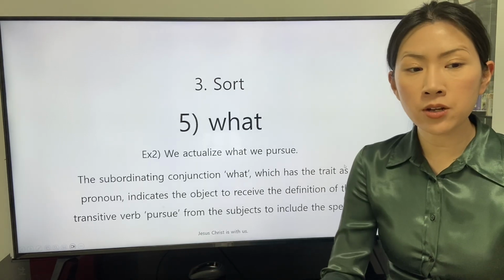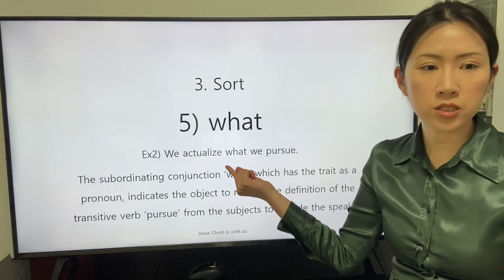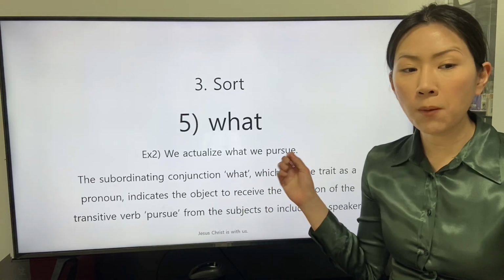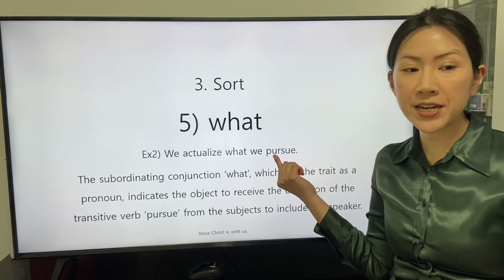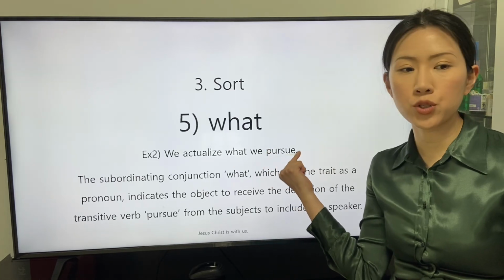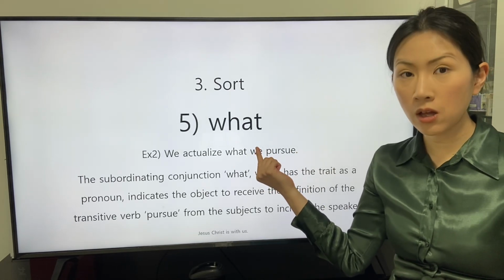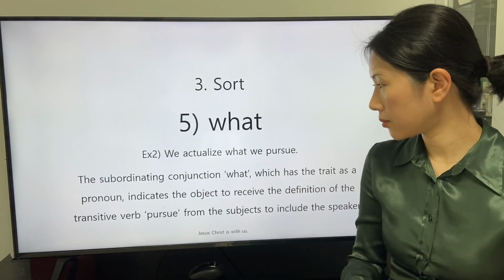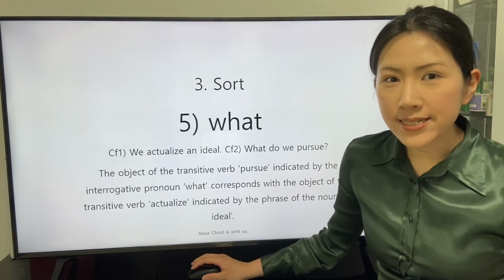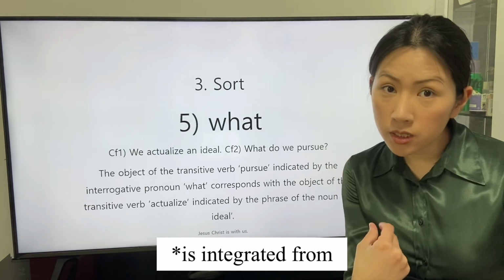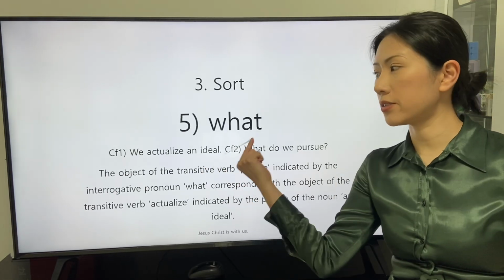The subordinating conjunction what, which has the trait of a pronoun, indicates the object to receive the definition of the transitive verb pursue from the subject to include the speaker. The sentence has two sentences.